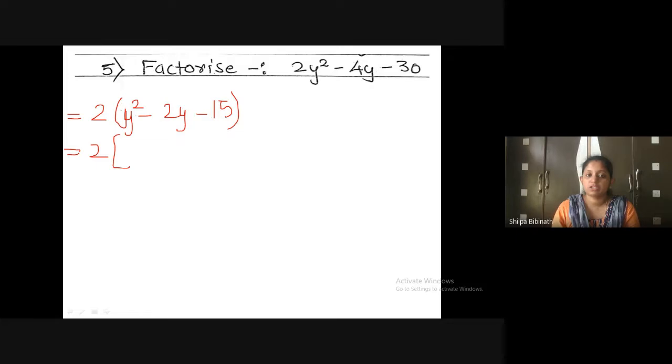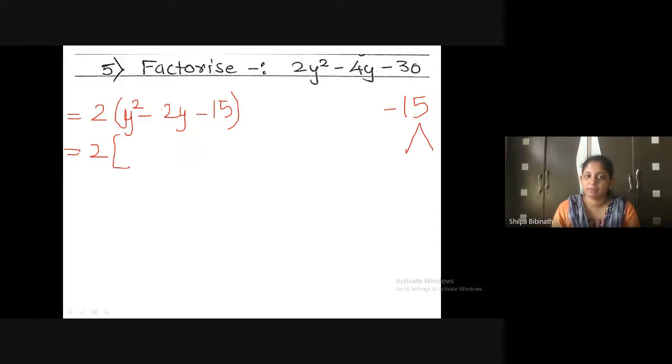y square, first term into last term. Here just y square means what will be the coefficient there? 1. 15 ones is 15. And here as it is minus sign, we have to find the factors of minus 15. Here when we add or subtract, we should get minus 2 as the answer. Just forget about the sign.